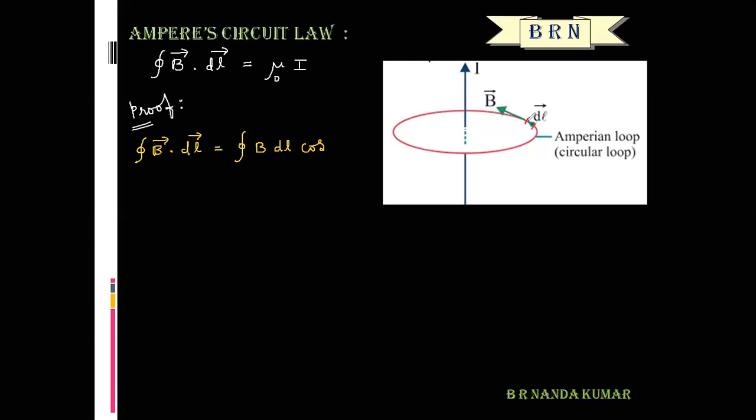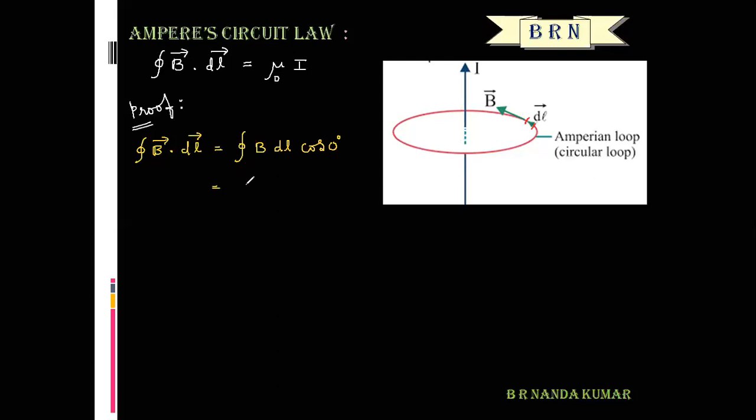What is the angle between them? The angle is 0 degrees, because the direction of magnetic field at every point on the perimeter of the closed curve is tangential, and the dl vector is also tangential to the circular loop.